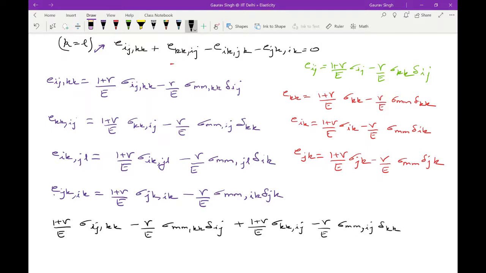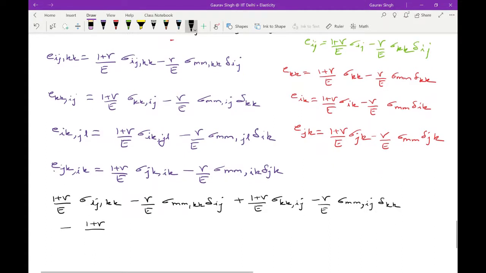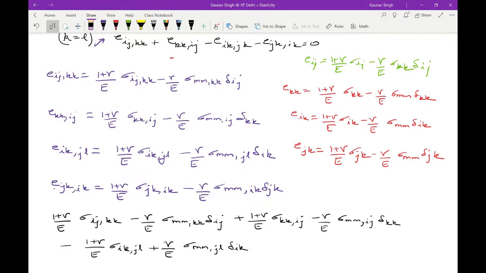Then there's a minus Eik,jk, so it would be minus (1 plus nu) by E sigma ik,jl plus nu by E sigma mm,jl delta ik. Then there's a minus Ejk,ik, that would mean minus (1 plus nu) by E sigma jk,ik plus nu by E sigma mm,ik delta jk is equal to 0.